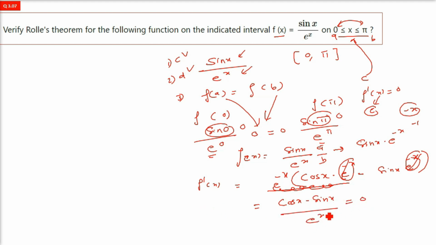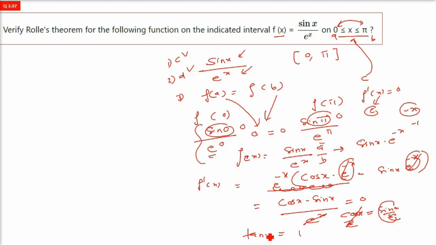And that has to be kept as 0. When you equate it to 0, e is a specific value, so the numerator will be 0. cos x minus sin x is equal to 0. That means cos x will be equal to sin x. If you divide by sin, you will have cot, so better you divide it by cos. So we have tan x equal to 1.